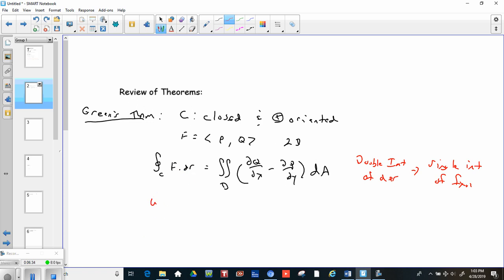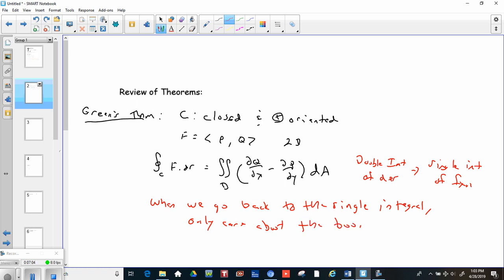And when we go back to the single integral, we only care about the boundary. Right?